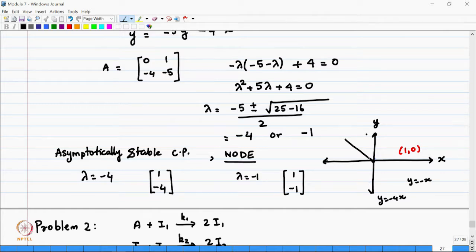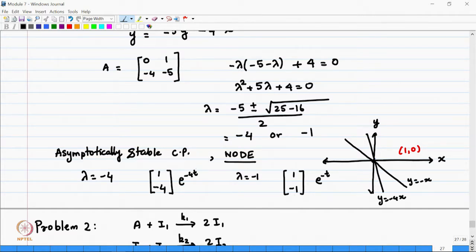So you have y equal to minus x and y equal to minus 4 x, and what we said is that this will have a term that looks like e to the minus t. This will have a term that looks like e to the minus 4 t.